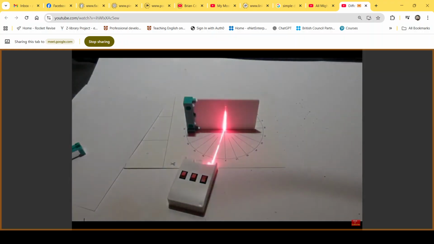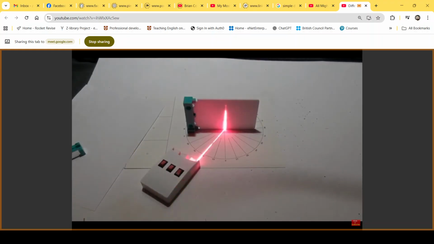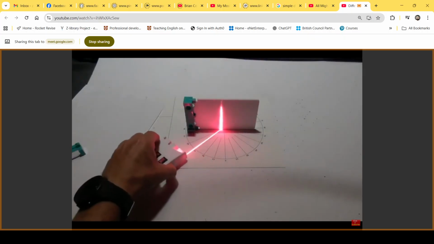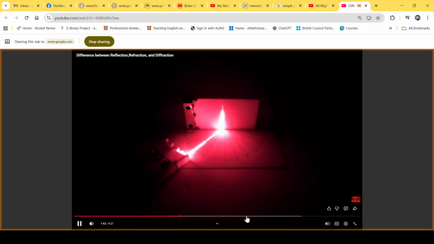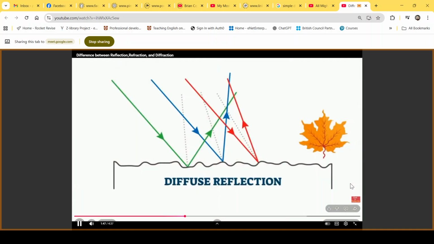Notice how the reflection always looks the same regardless of the angle. This is an example of diffuse reflection. During diffuse reflection, remember, the light is scattered in many different directions.